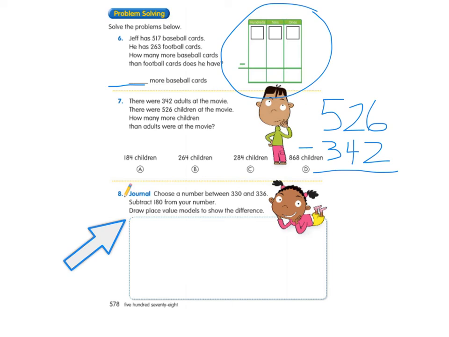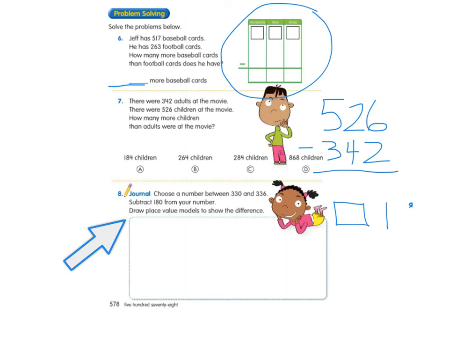So in the box below, whatever number you choose, you will subtract 180, show it with numbers, and show it with models. So with a picture. Remember, the squares are hundreds, the tens are rods, and the ones are a circle or a dot.